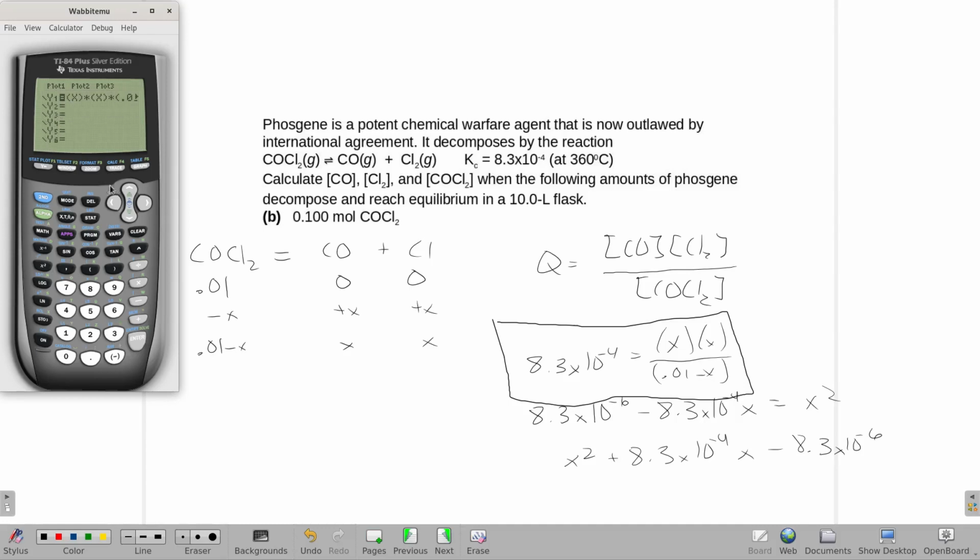Alright, my equation's in there. If I hit graph, TI does something. I'm not terribly worried about this. All I'm going to do now is try to calculate where it crosses 0. And I know it's somewhere between 0 and the highest x could be is 0.01. That's way too high. And then I'll go back here to the guess and hit go. And look at that. It came up with an x of 0.00250.